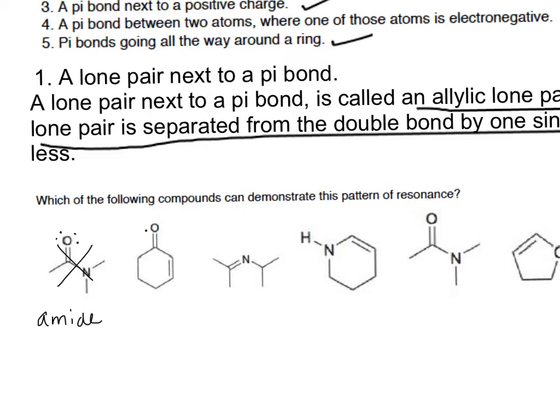So here, if we come to the oxygen again and draw the lone pairs in, here we have a carbon-carbon double bond. Here's our single bond. Now, if the lone pairs were on the carbon, they would be allylic. But because they are on the oxygen, they are not. And just to add to this, this is a ketone.